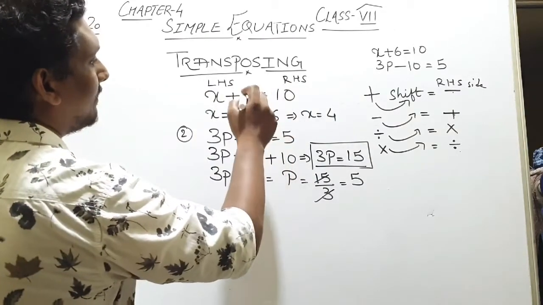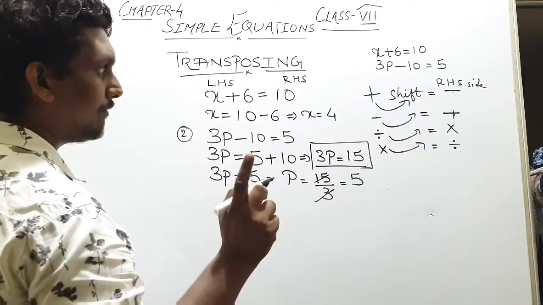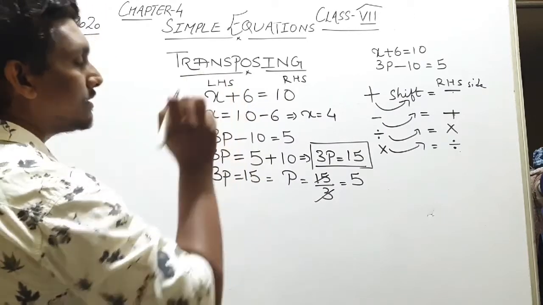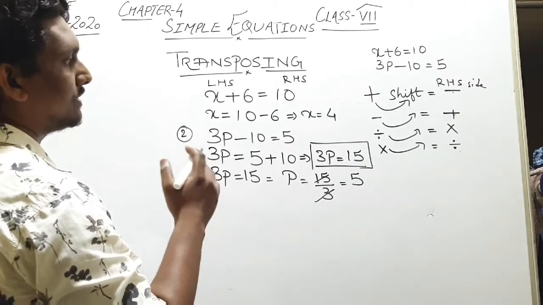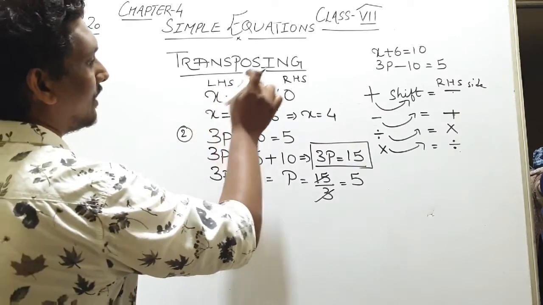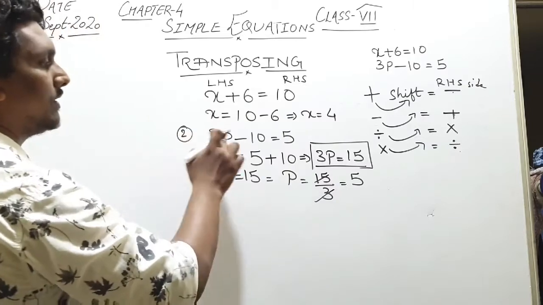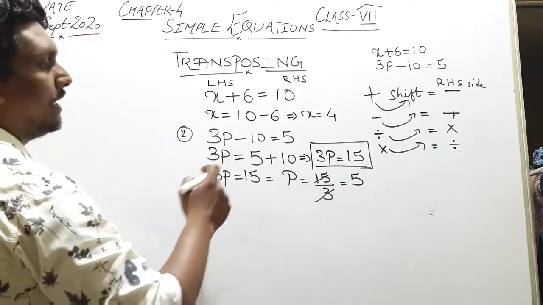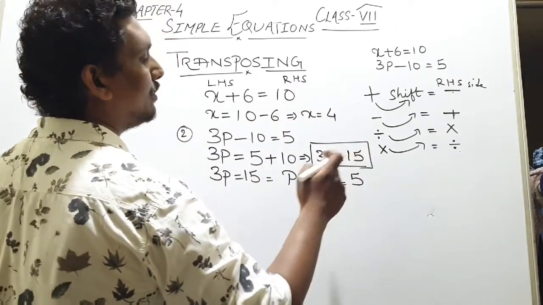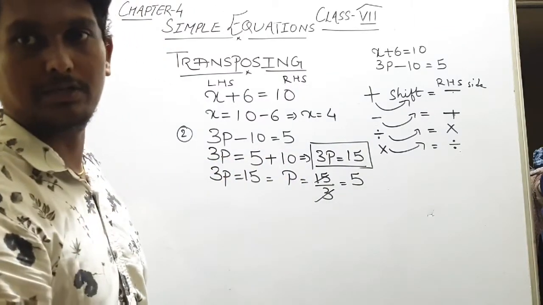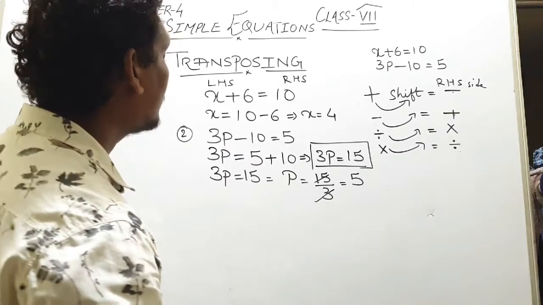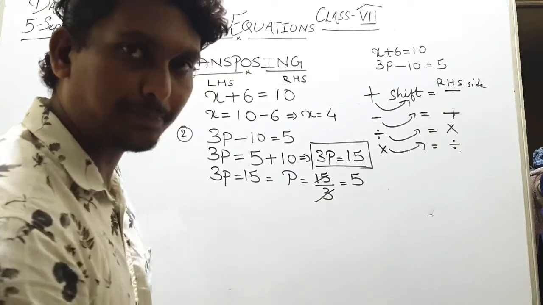While shifting, whatever sign is given in the question, we just have to take the opposite sign. If plus is given, you have to take minus. If minus is given, we have to take plus. If multiplication is given, we have to do the division. If division is given, we have to do the multiplication. Okay, so just go through it.